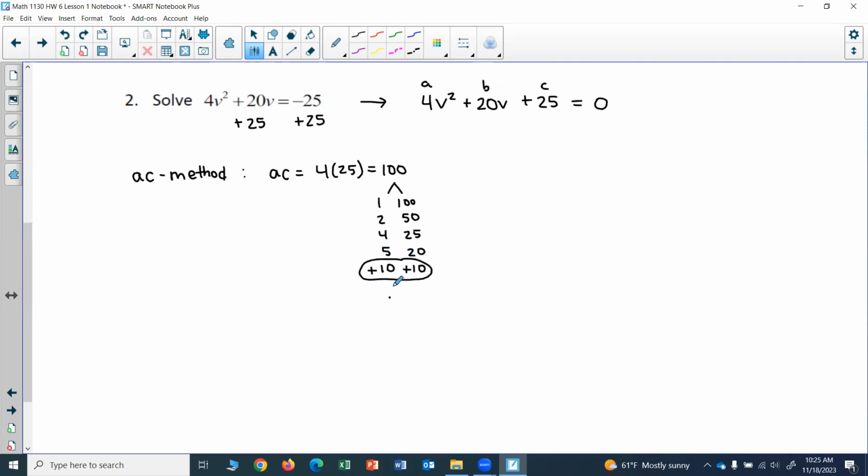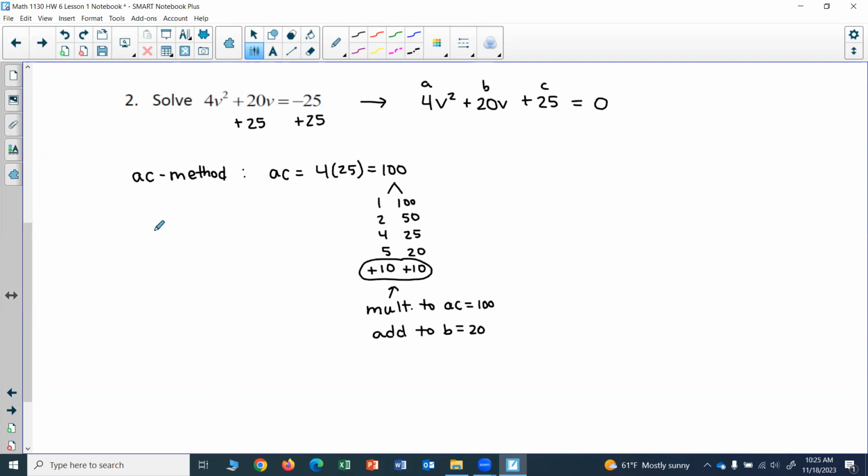So again, we're looking for a combination that multiplies to be AC, which was 100, and we want them to add to be B, and B was 20 in this example.